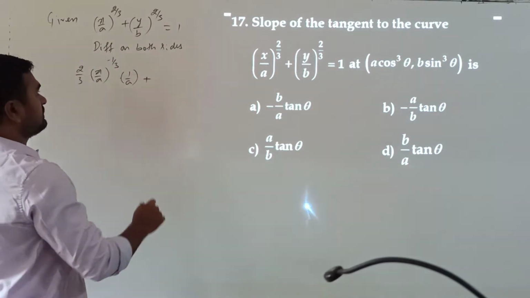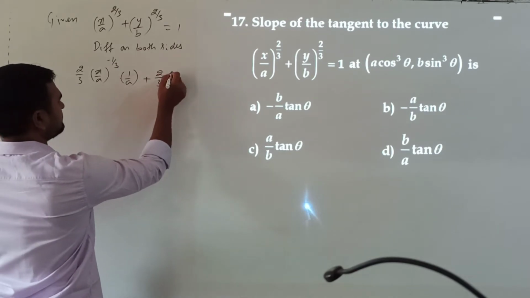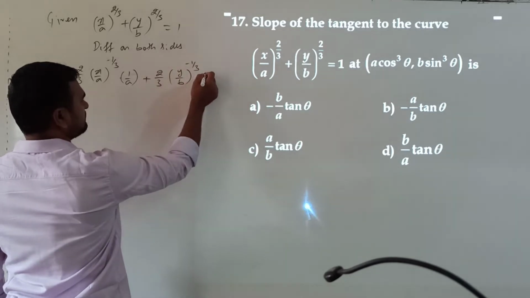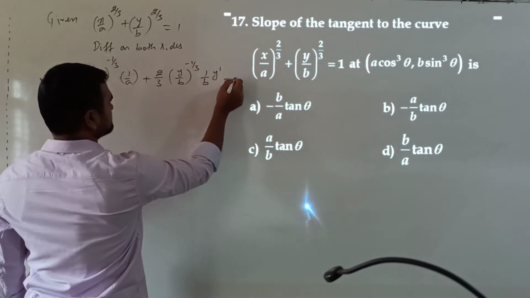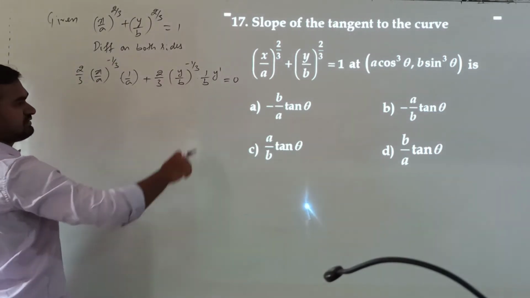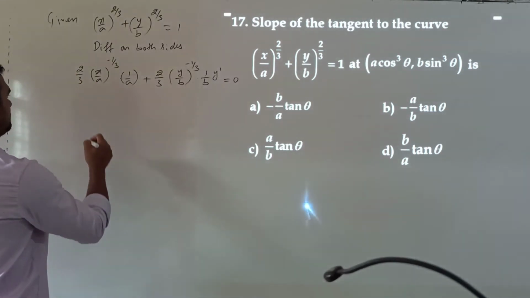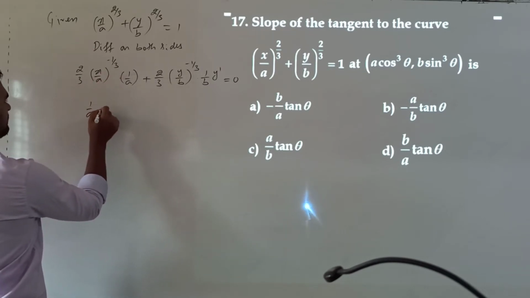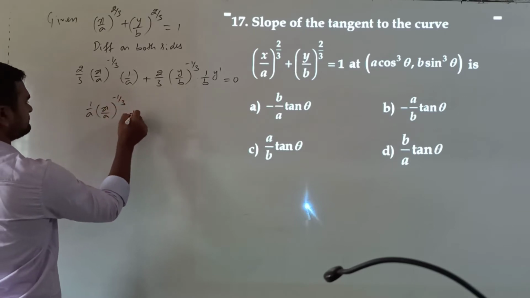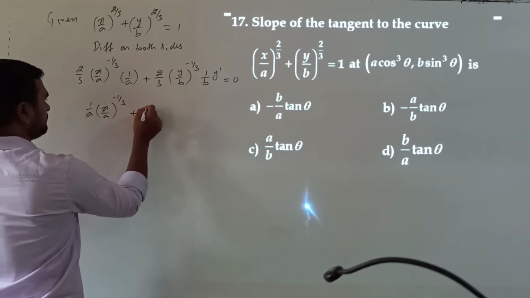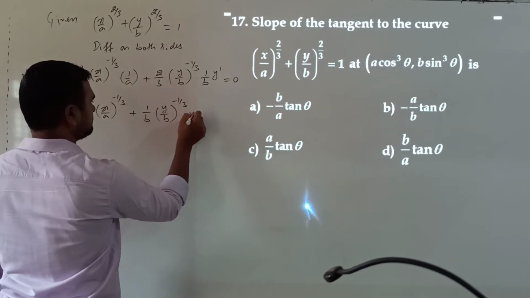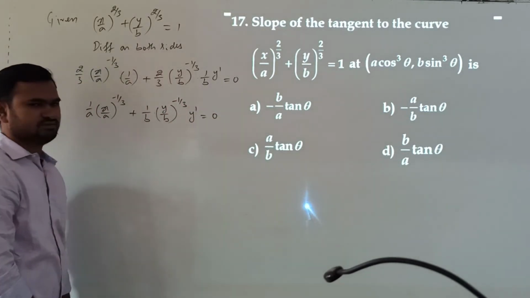Derivative of (y/b)^(2/3). So it is 2/3 into (y/b)^(-1/3) into 1/b into y dash. Derivative of 1 will be 0. 2/3 we can take common and divide 0. So it is 1/a into (x/a)^(-1/3) plus 1/b into (y/b)^(-1/3) into y dash is equal to 0.